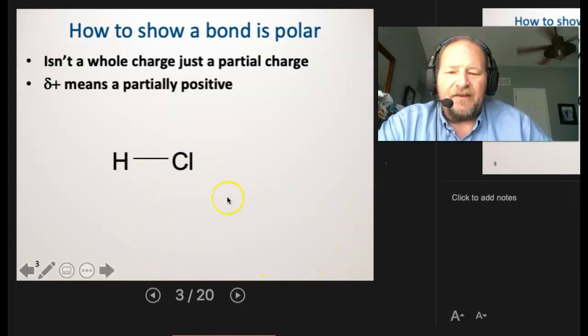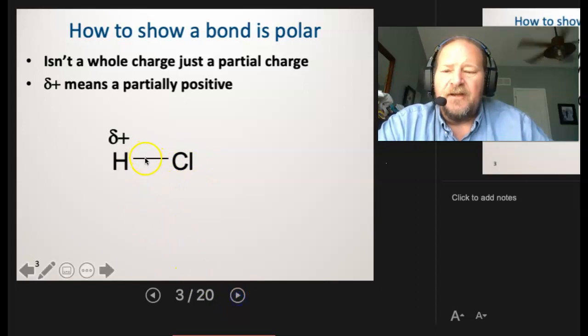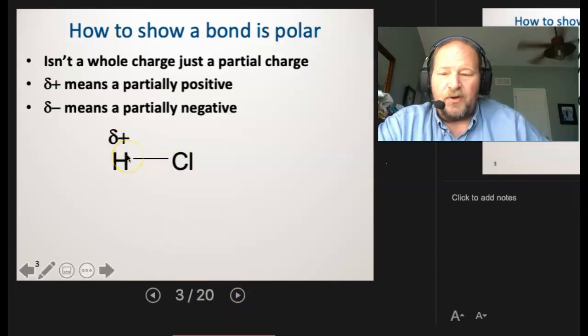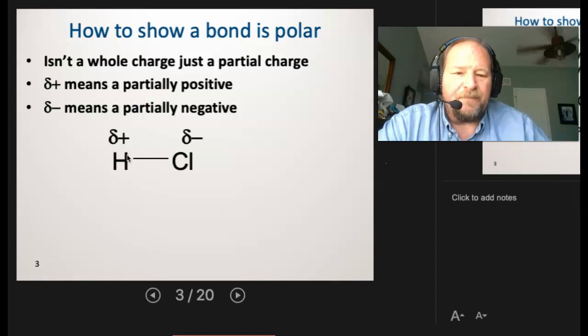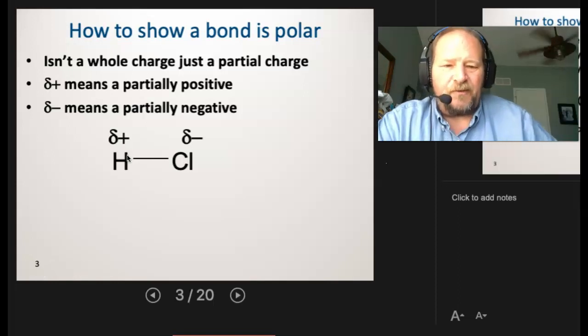So the higher that value, the more they want the electron, the more the electrons would be here. So if the electrons are here, then the partially positive should be the hydrogen. And now we'll also use a partial negative. So now we have a delta, again a little delta but with a negative sign, and that one's going to go on the chlorine. So this is one way to show a polar bond.